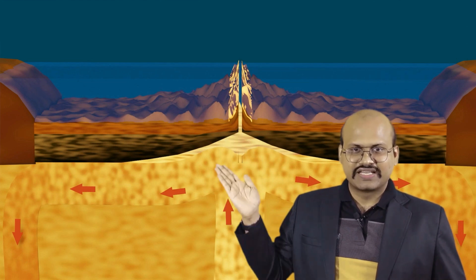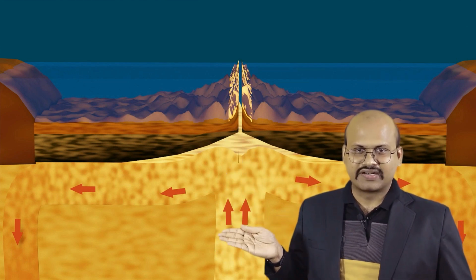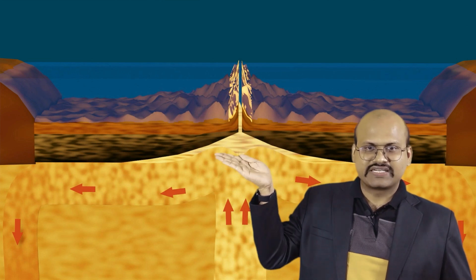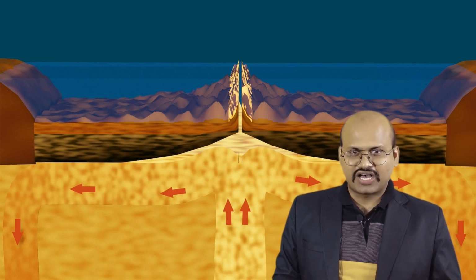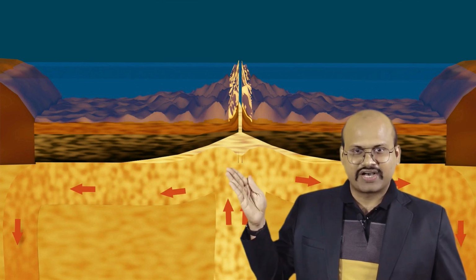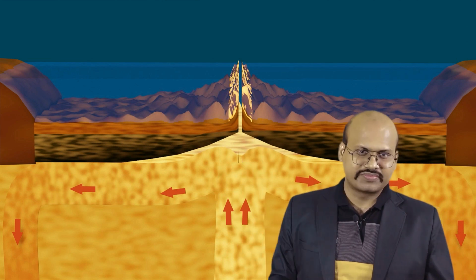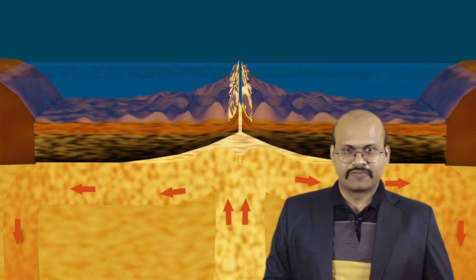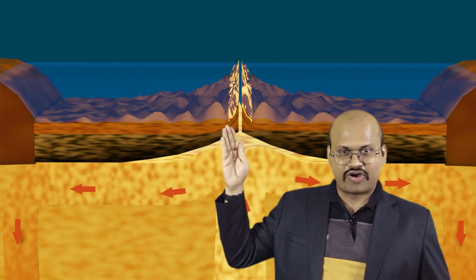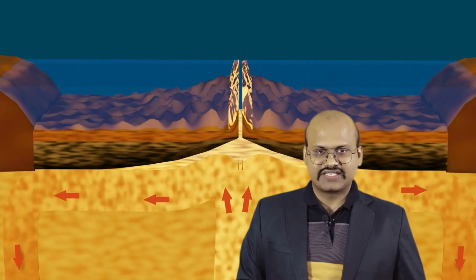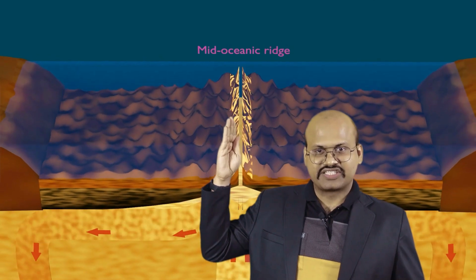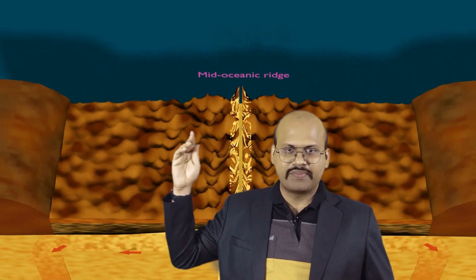So we can see the magma from the mantle comes up, it melts the crust, it comes to the surface, it cools down and forms new seafloor. So this is how Harry Hess said that the magma comes to the surface and forms new seafloor. Now as the new seafloor is formed over here, the old seafloor is pushed away. So we can see that these structures are moving away from the mid-oceanic ridge.